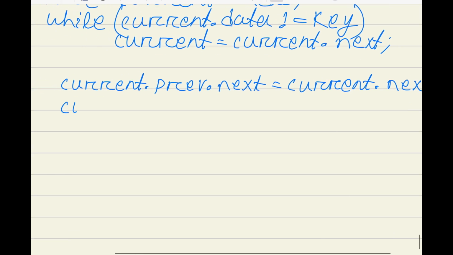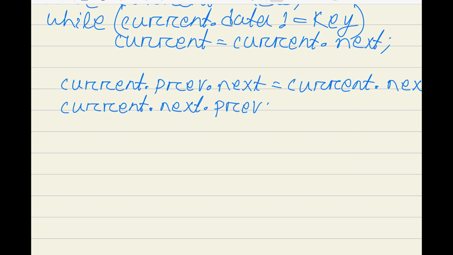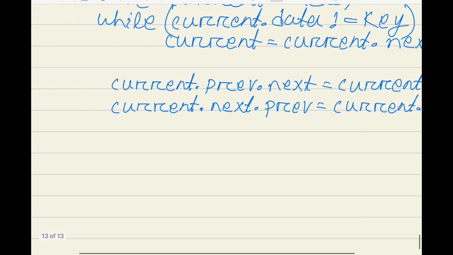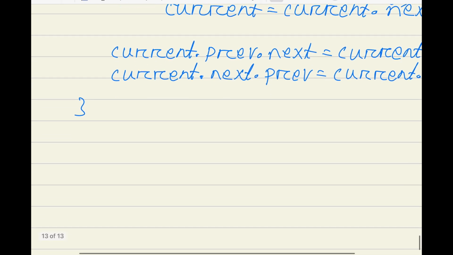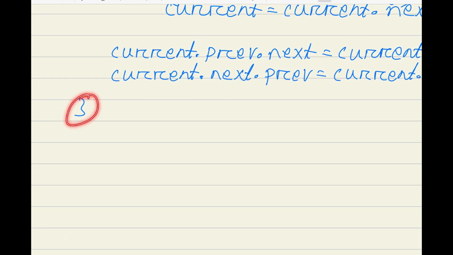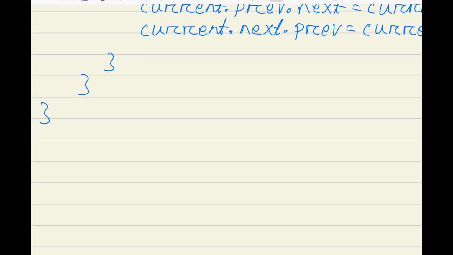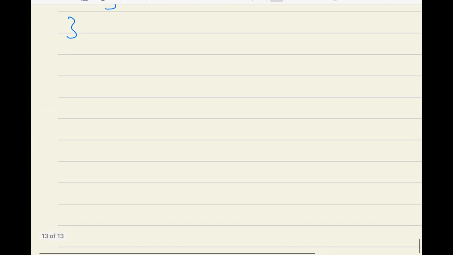Now another statement, current.next.previous equal to current.previous. Now end of this else, end of method, and end of class LinkedList. Now we will write another class where we are going to write the main method.